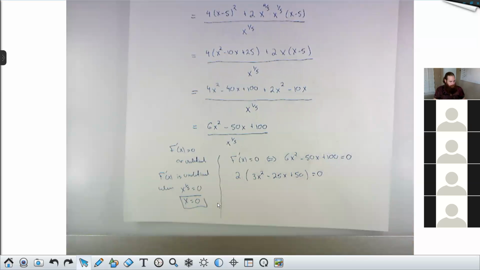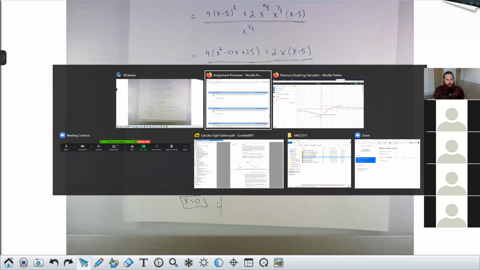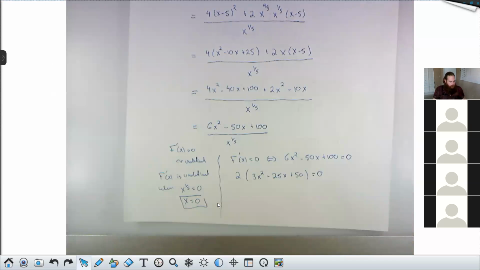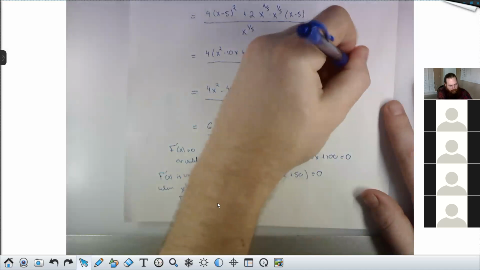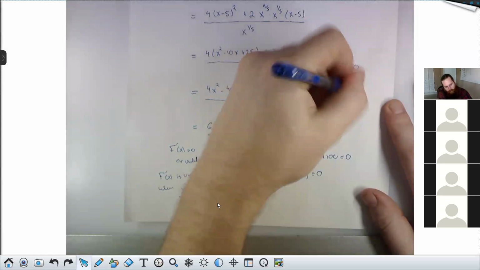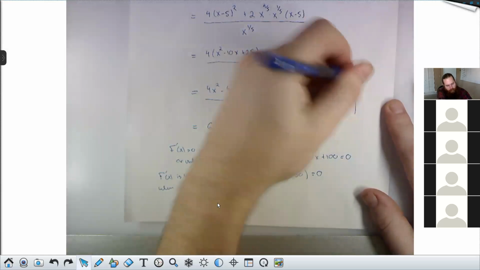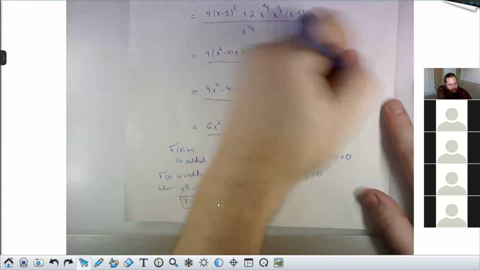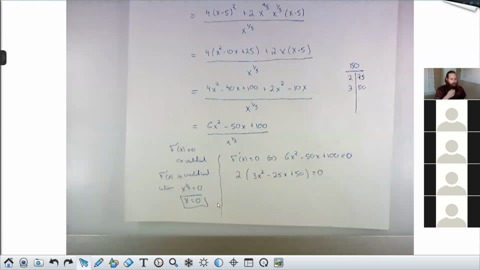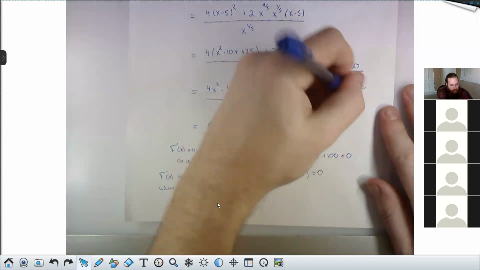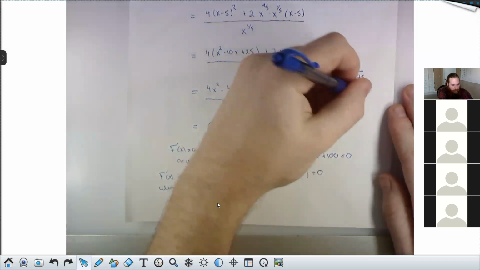We're a little short on time here. Let's see. Two numbers multiply to 150 and add up to negative 25. So divisors of 150: it's 2 and 75, 3 and 50. Is 150 divisible by 4? Is it divisible by 5? It is, it's 5 times 30.